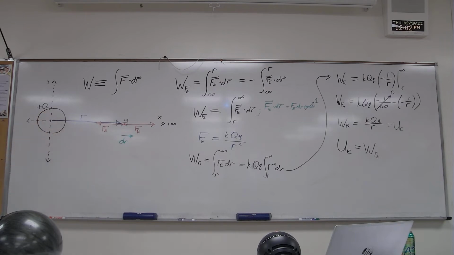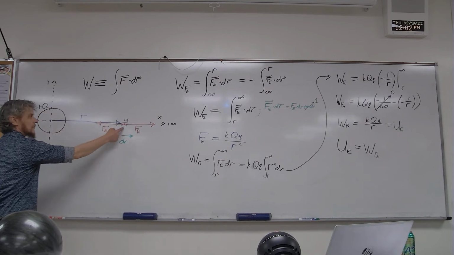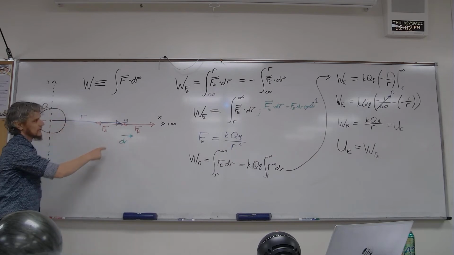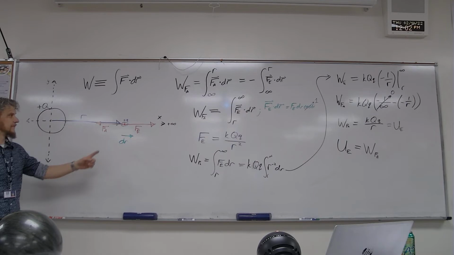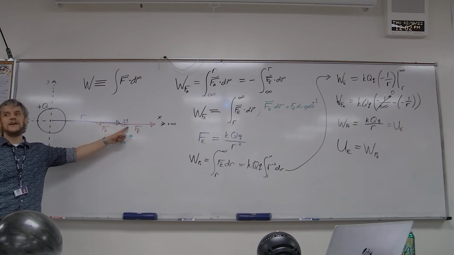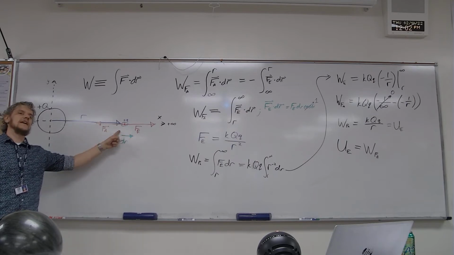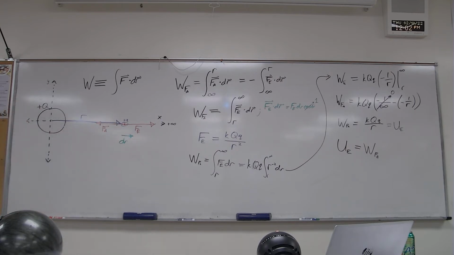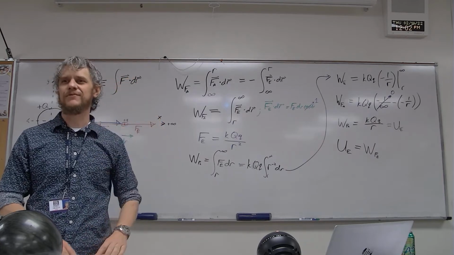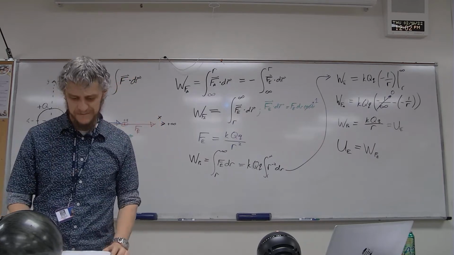Does that make sense? Okay. That's why if I go from here to here and then back to here, well, the change in energy is 0, right? Even though the electric force did work the whole time, it just did negative work when it moved this way, and positive work when it moved that way. Good times, right? I'm trying to get the concepts across before the math really gets in there.